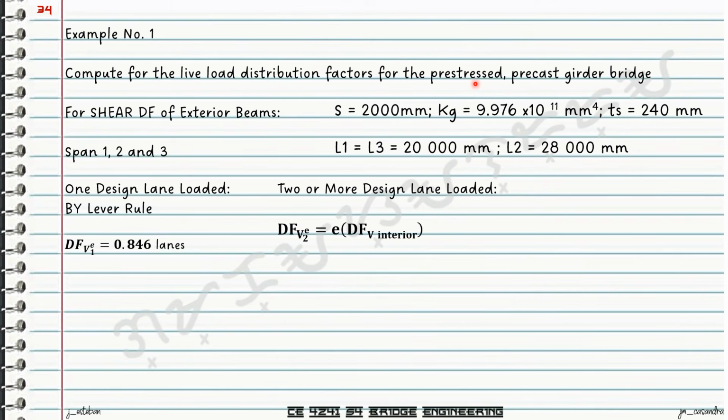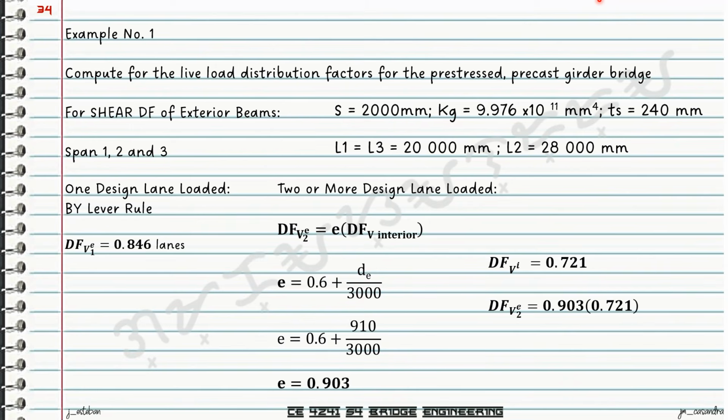So that's equal to E times DF, or the distribution factor for shear for the interior beam. For E, we are given from the table equal to 0.6 plus DE over 300, and we know already that DE is equal to 910, which will give us a value of E equal to 0.903. For our computed distribution factor for shear for interior beams, the governing value was 0.721.